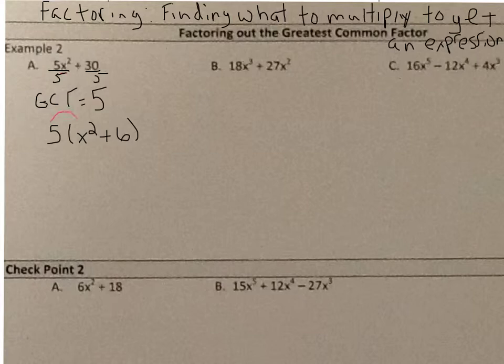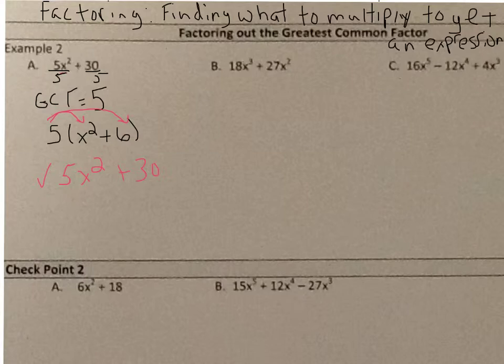You take 5 times x squared, that's 5x squared. And then you take 5 times 6, that's 30. And we can see it checks with our original problem, which is 5x squared plus 30. So we know that it worked.